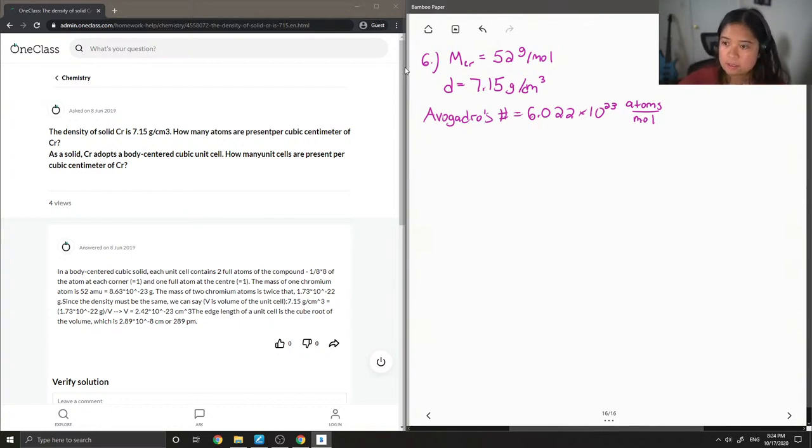Okay, so next, for part A, all we have to do is solve for the atoms. So all the units need to cancel out somehow. I'm going to write down atoms are equal to the 7.15 grams per centimeter cubed. And then I'm going to multiply this by Avogadro's number.